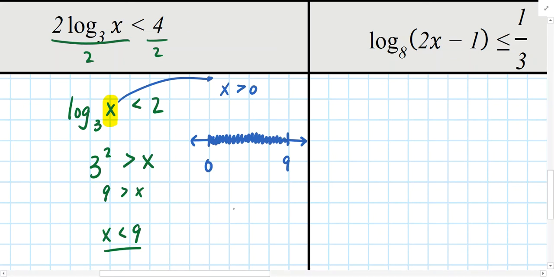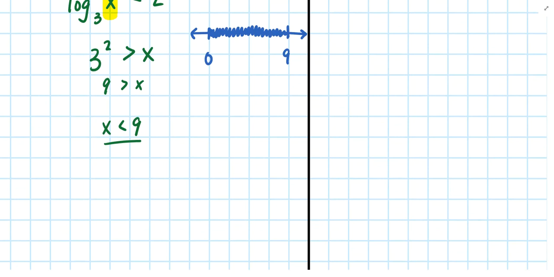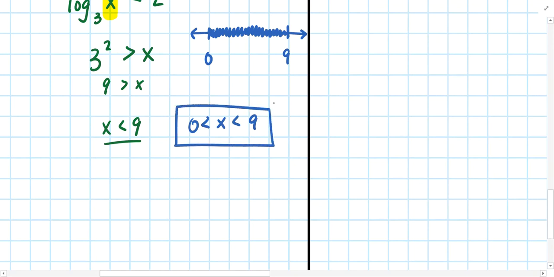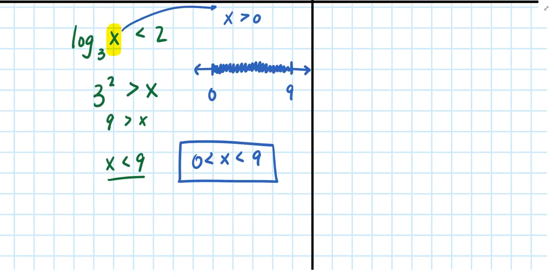So we would record our final answer this way. 0 is less than x, which is also less than 9. You should substitute values from this range into the inequality to check your work.